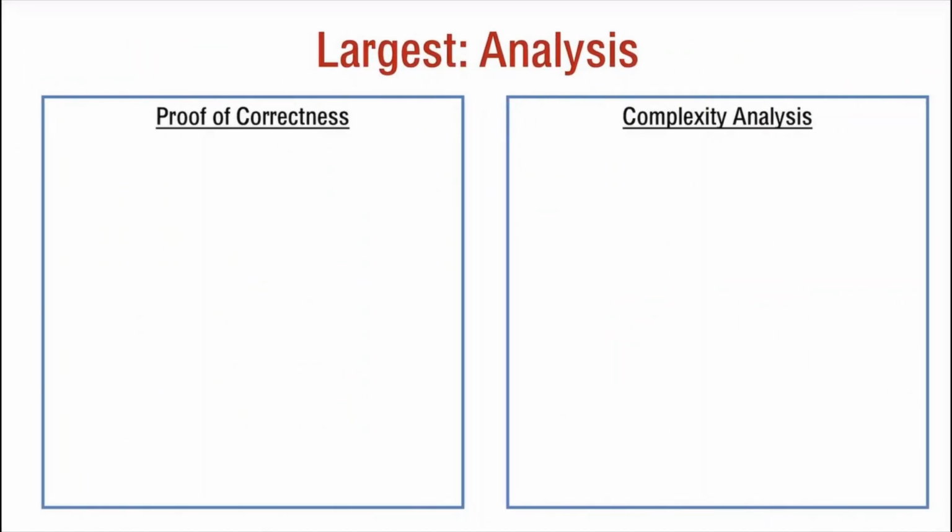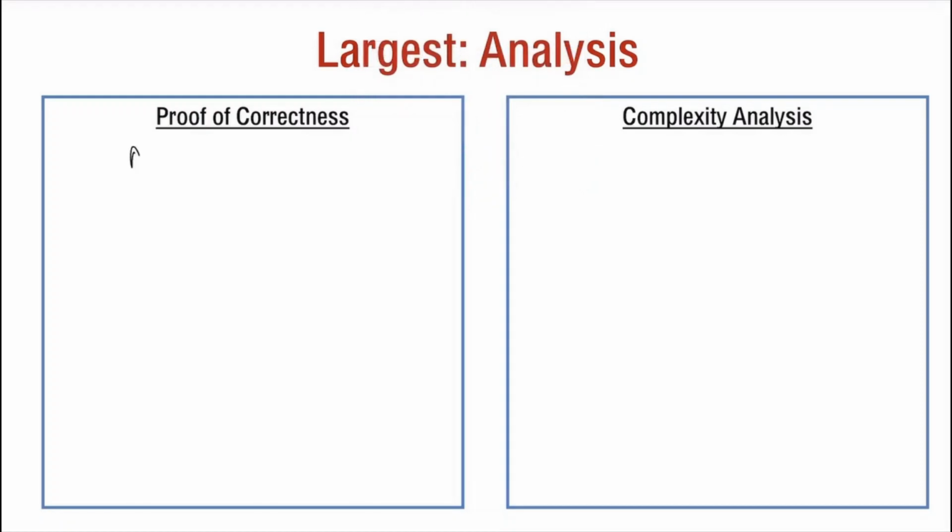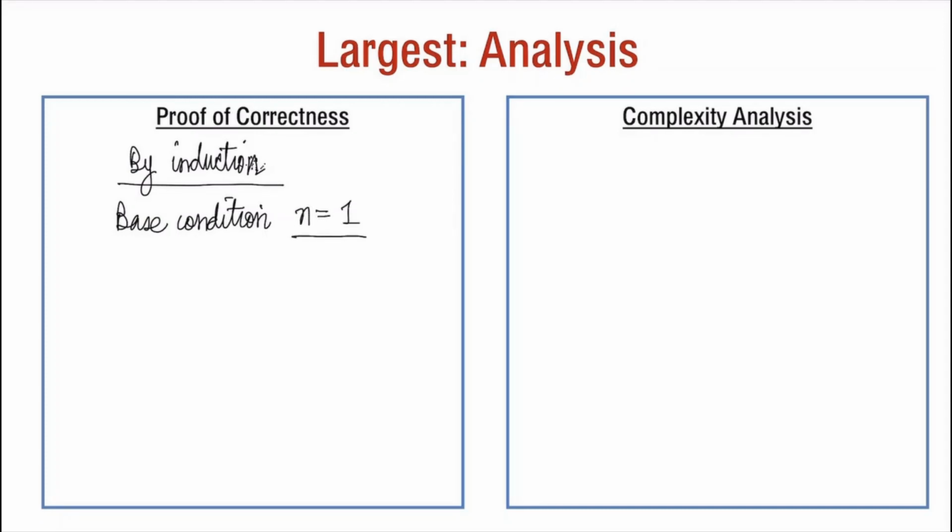So again, the correctness proof, we do the correctness proof by induction. We know the base condition. The base condition is for n equal to 1 and the base condition is known.